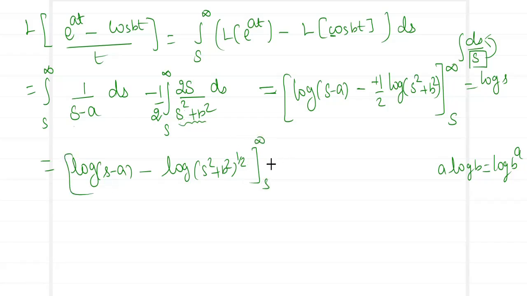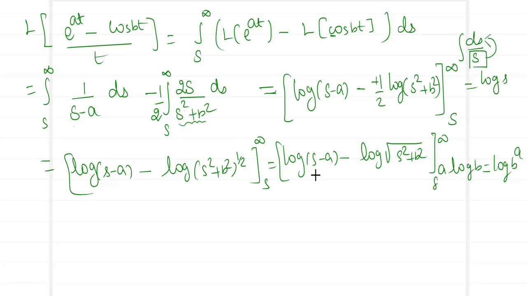Whole power half, how I can write it as log of s minus a minus log of square root of s square plus b square. This is how I can write the values from half over here in my numerator.